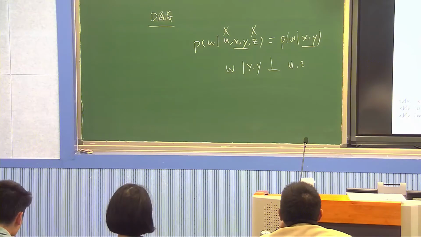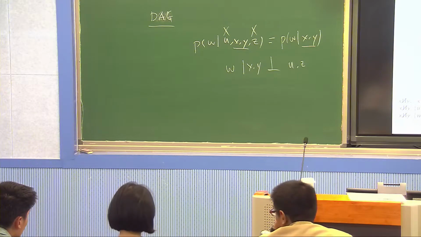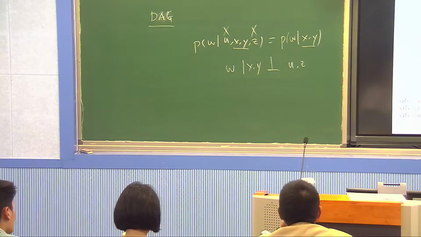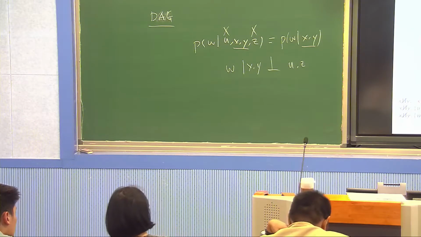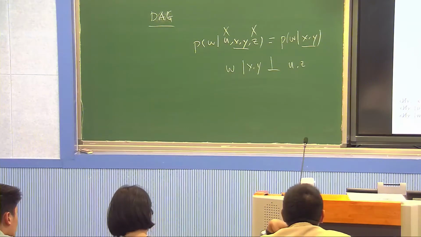So x to y, there's a path. Is it open now? Yes, it is open. So as long as there's an open path, x and y are correlated. They're not independent. Is this an open path? No, it's not an open path.